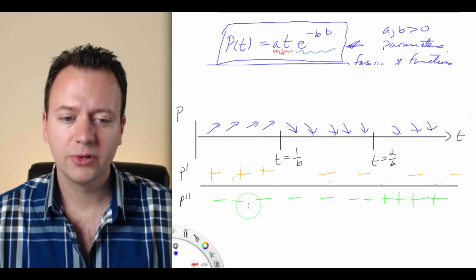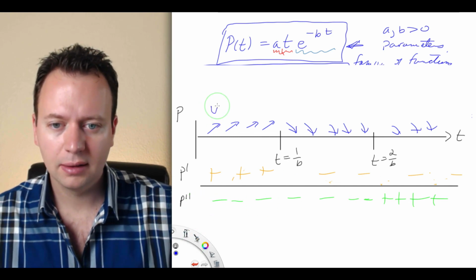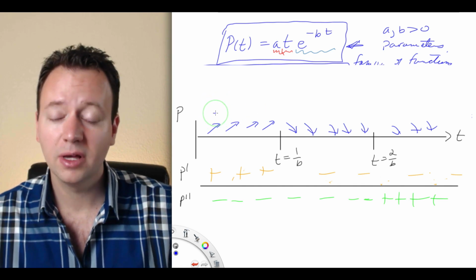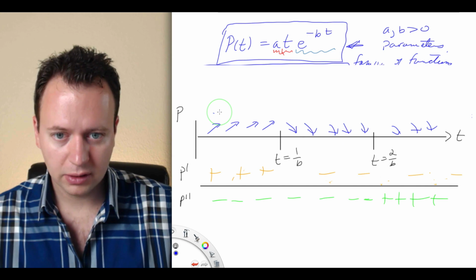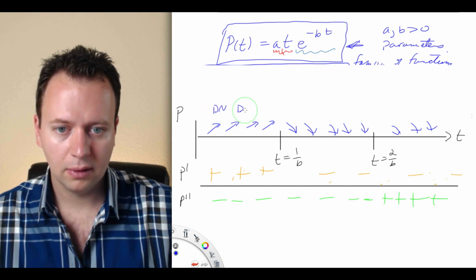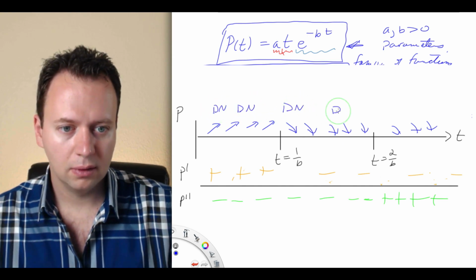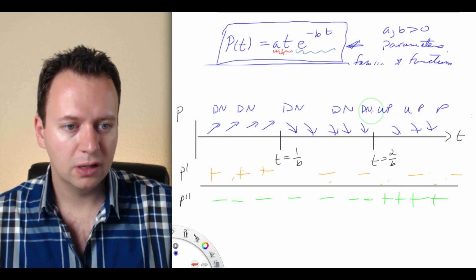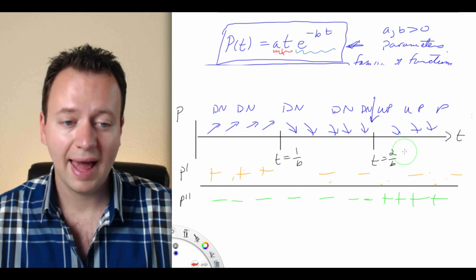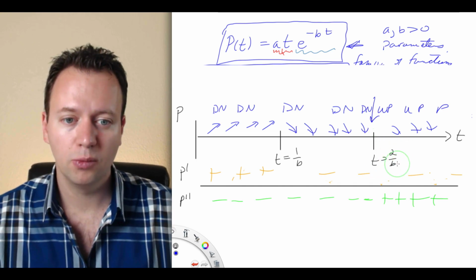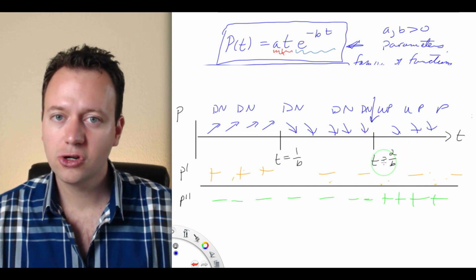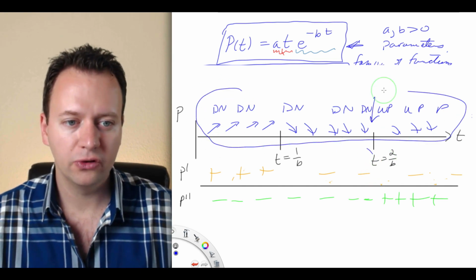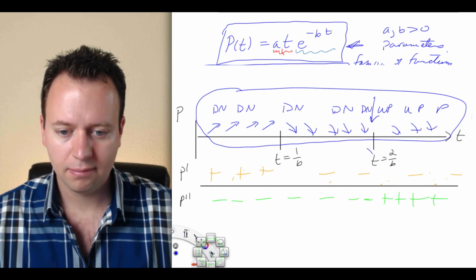Well, if p double prime is negative, that means the function p has to be concave down. So this is going to be concave down, and then it changes to concave up. So there's an inflection point or a change of concavity exactly at t is equal to 2 over b. So to draw the function p, we need to basically just make sure that we preserve all of this behavior.